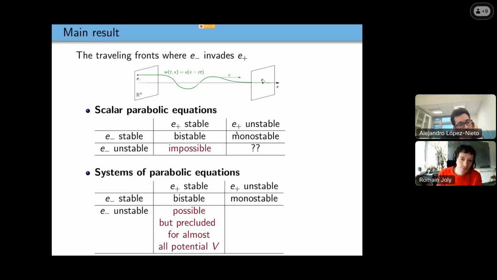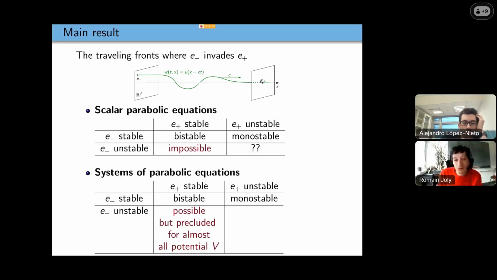If you look at traveling fronts in the usual scalar parabolic equation, there are some categories: bistable fronts and monostable fronts. When you speak about bistable fronts, you mean that both equilibria here and here are stable for your PDE, so both are local minima of the potential.